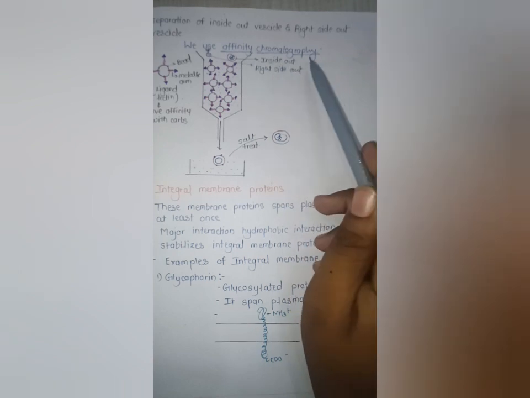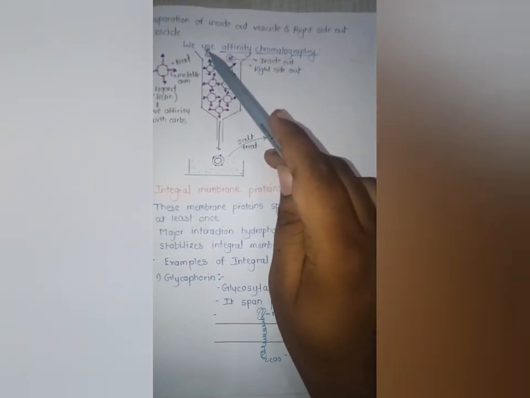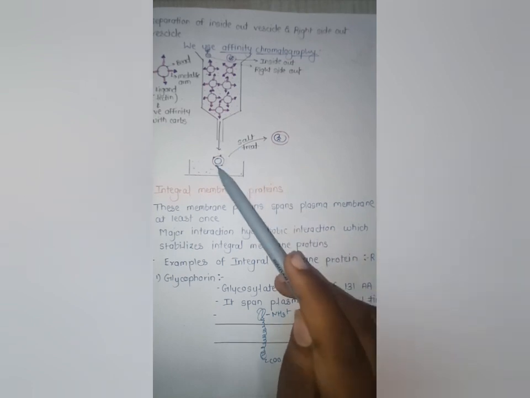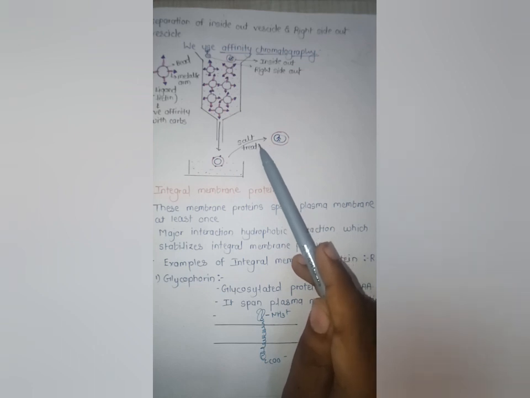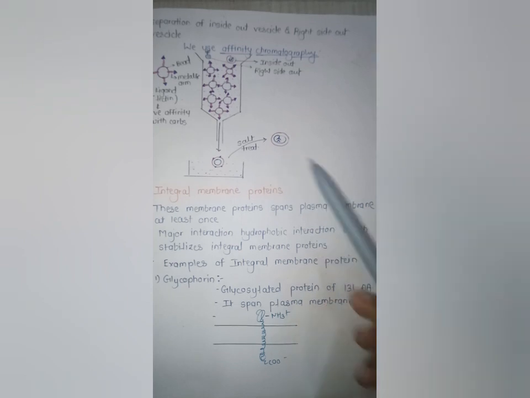Then we see the inside out vesicles go down, whereas the right side out vesicles, because of the outside carbohydrate, attach with the ligand, and we separate out the inside out vesicles. And then in this beaker we use salt treatment to isolate the inside out protein, the peripheral protein.